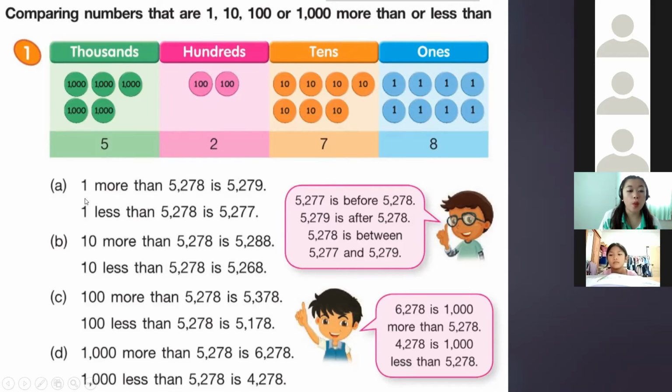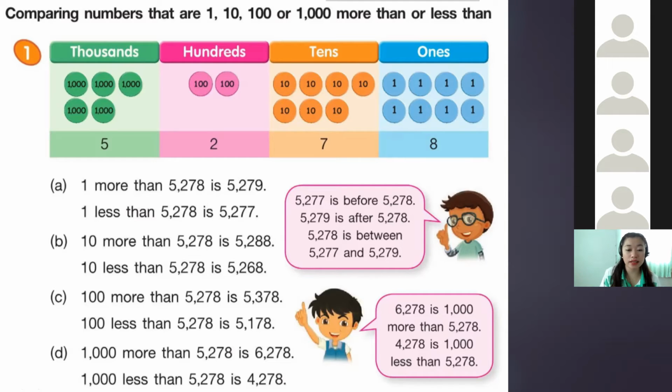Okay, letter A. 1 more than 5,278 is 5,279.